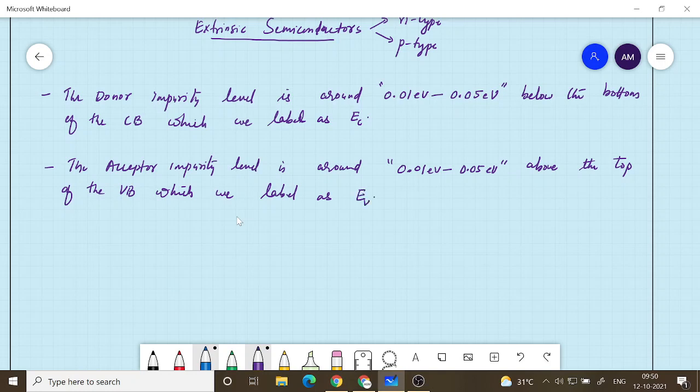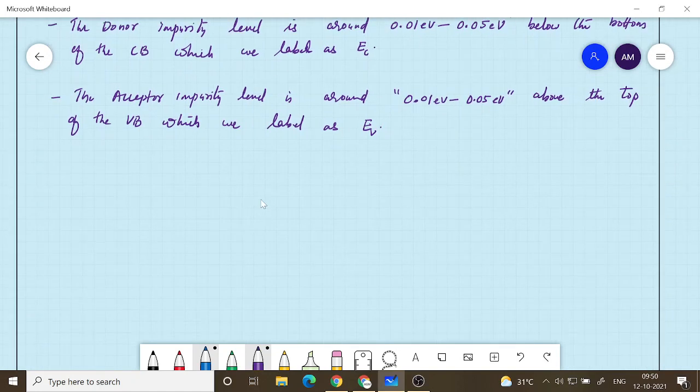Okay, EV is what we designate, the top of the valence band is designated with the label EV.